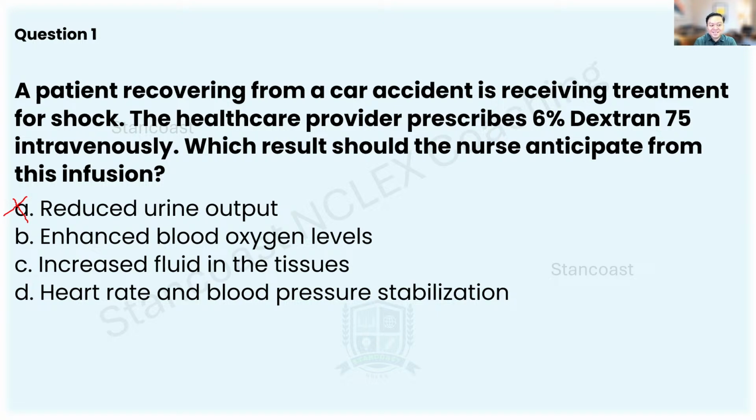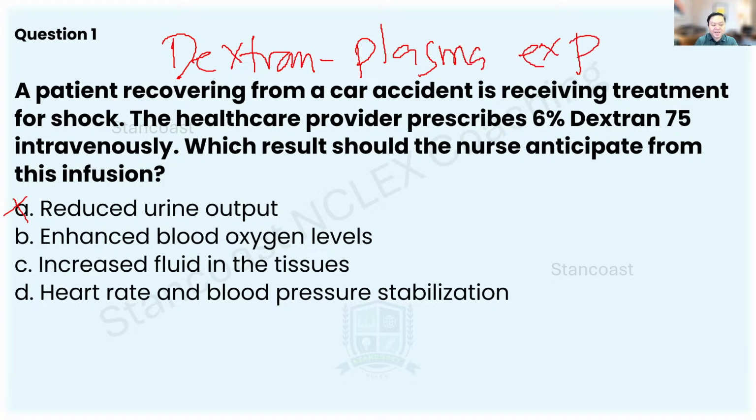It is going to expand the plasma volume. Dextran is what we call a plasma expander. And take note, in our scenario, the patient has shock. We really don't want to worsen that, right? We need to treat this patient with a plasma expander.